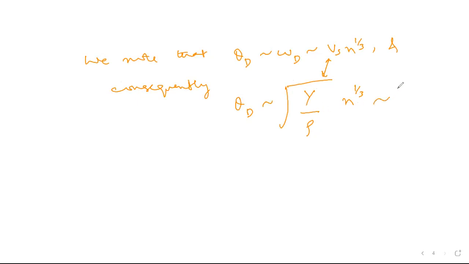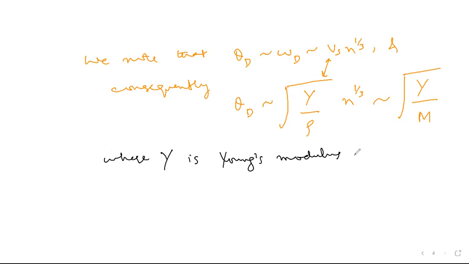Then I can write another approximation, square root of Y by m, where Y is Young's modulus and m is the molar mass or the atomic mass.